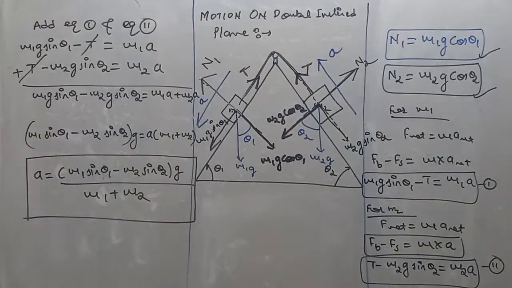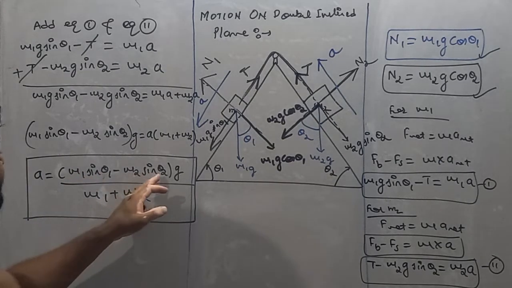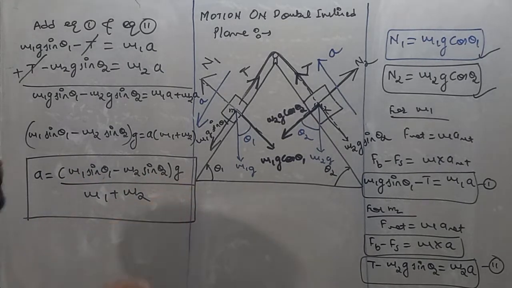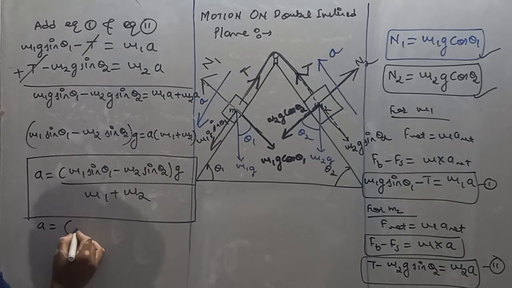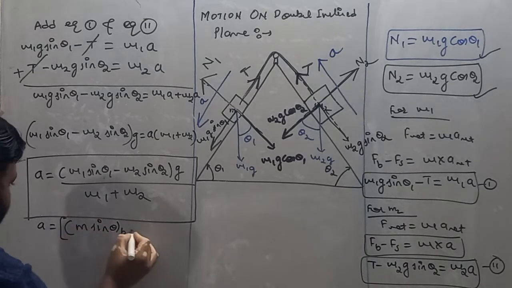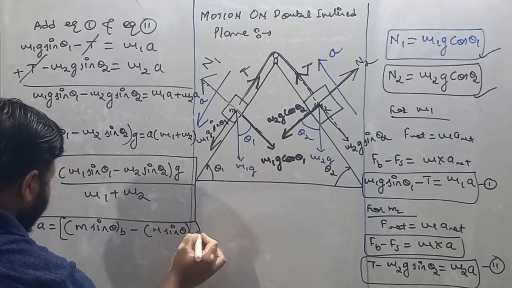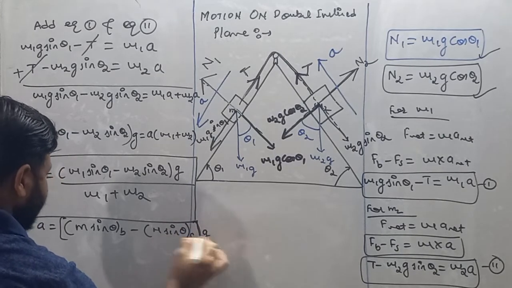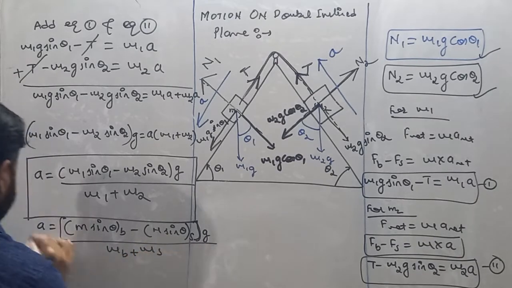Acceleration on a double inclined plane is m1 sin theta 1 minus m2 sin theta 2 into g upon m1 plus m2. Now see, my dear student, you have to learn this formula like a is equal to m sin theta bigger minus m sin theta smaller into g upon mass of bigger plus mass of smaller.